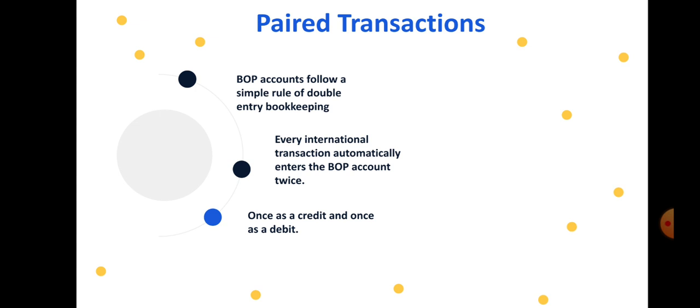Now we will talk about paired transactions. BOP accounts follow a simple rule of double entry bookkeeping. Every international transaction automatically enters the BOP account twice, once as a credit and once as a debit.